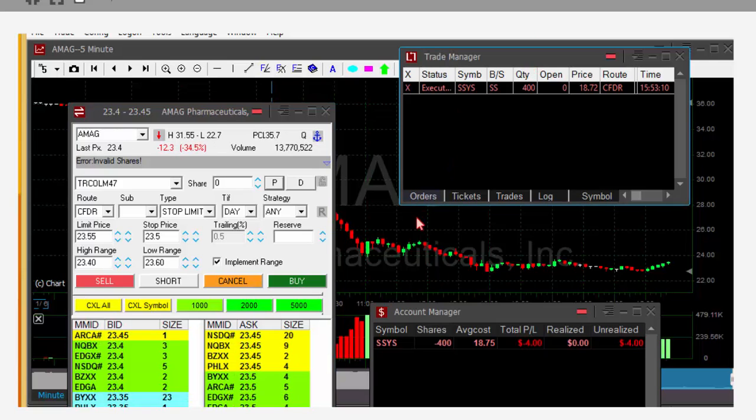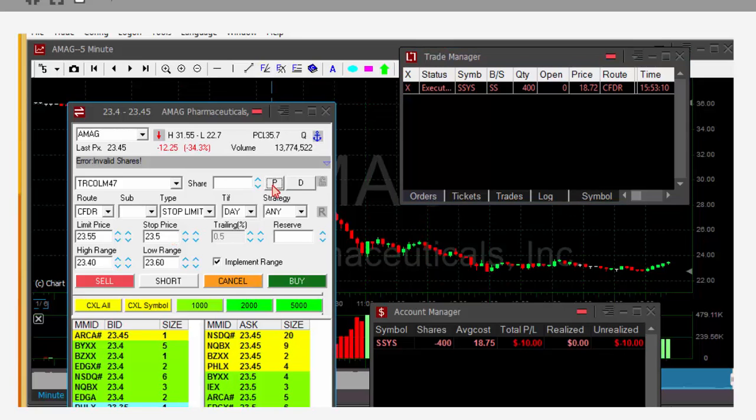Orders? No. What happened? Stop price, 23.50. 400 shares. At 50, limit 55. Low range, of course, has to be 23.30. And high range has to be, let's say, 60. Again, 50.